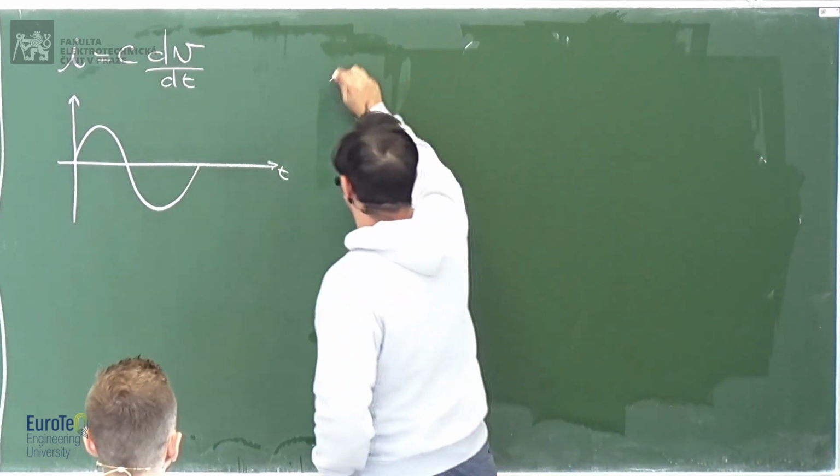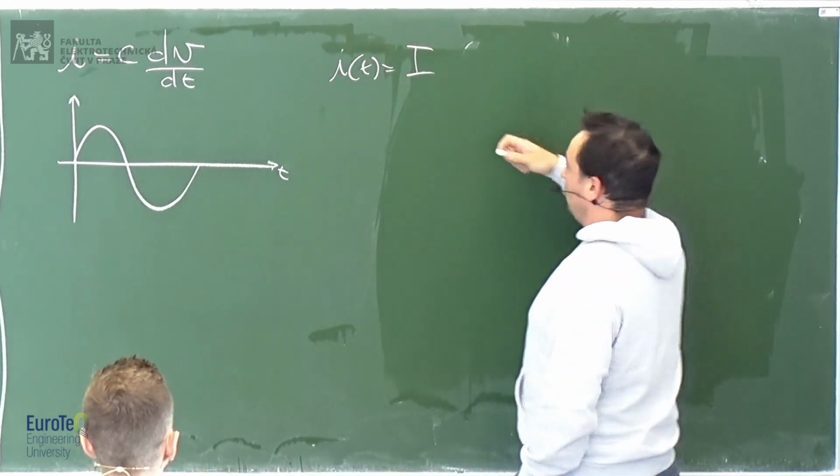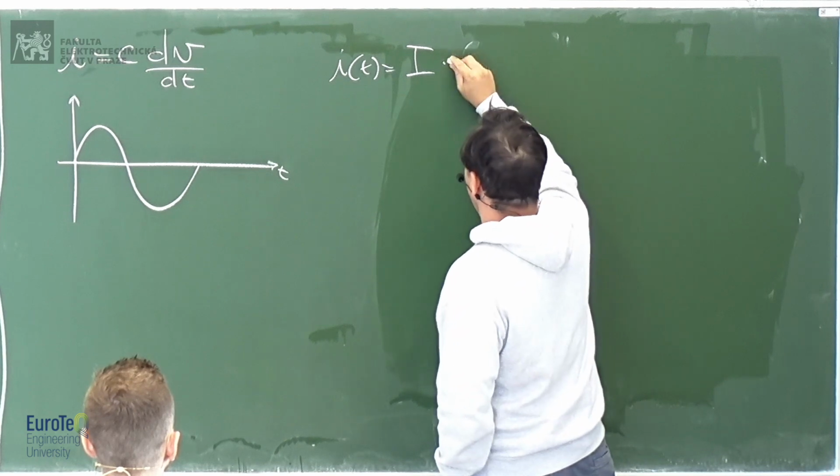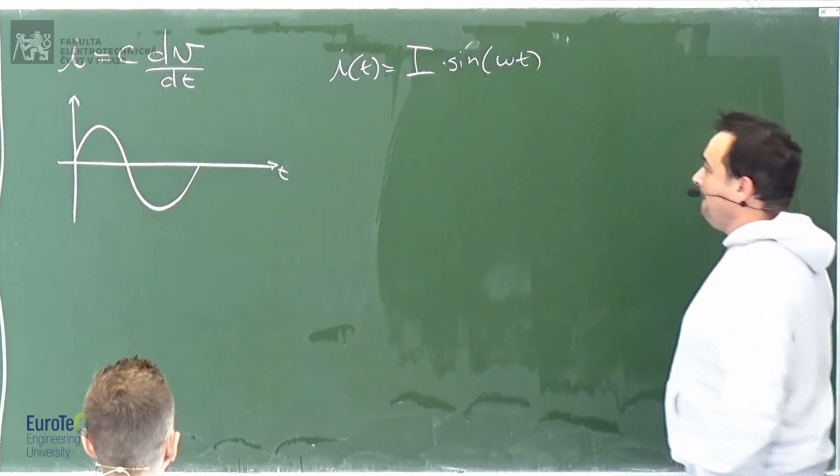So the current as a function of time is the amplitude, the peak value of the current, times sine of omega t.